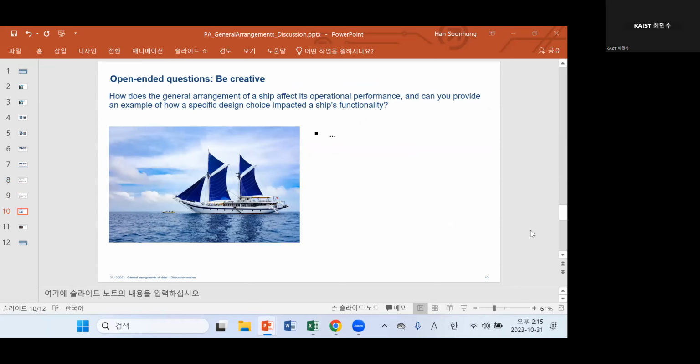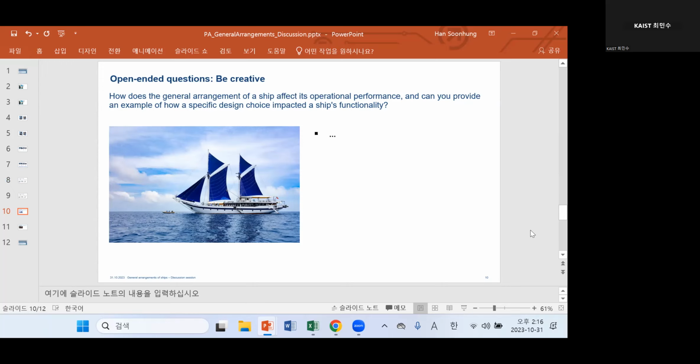We were talking about the requirements. How does the general arrangement affect the operation efficiency, I guess? Can you give a few examples of what I mean? For example, if you have a cruise ship where cars go on, the cars obviously should be able to drive from the shore onto the cruise ship, so the opening has to be on the side.